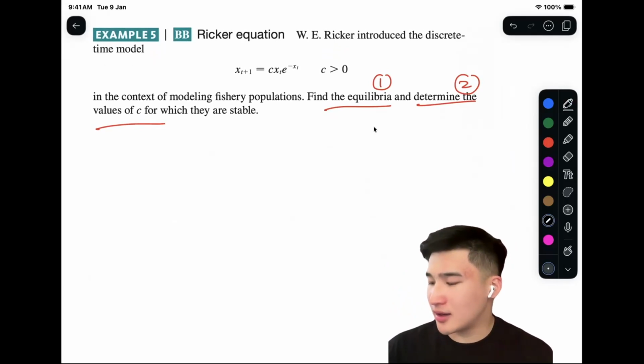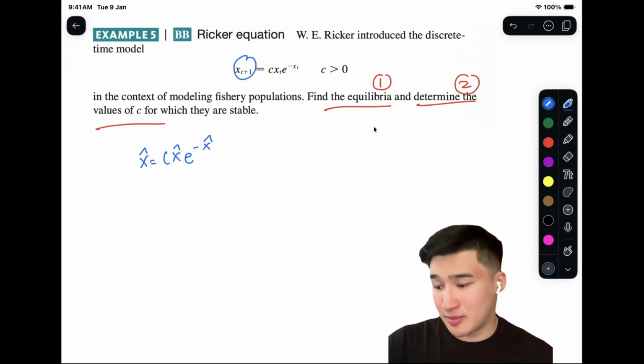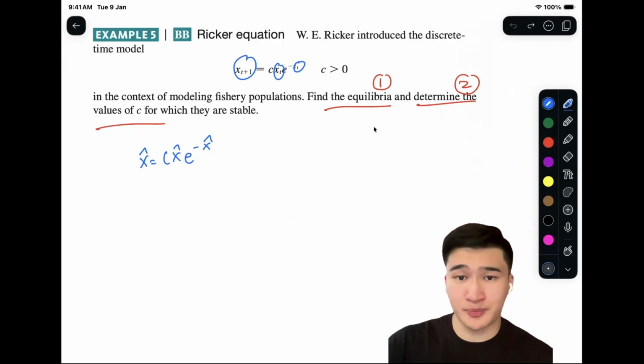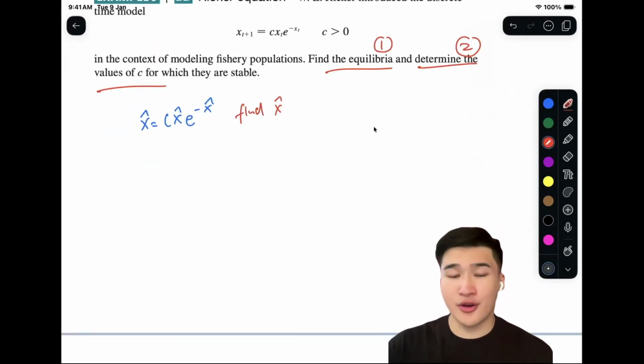So let's start by finding the equilibria. To find the equilibria, first of all, we need an x hat, right? x hat equals C x hat e to the power of negative x hat. I'm just replacing all x_{t+1}, x_t, whatever, with just x hat. And to continue moving forward, we just want to find x hat. I want to know what's the value.